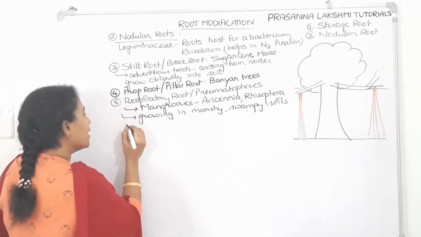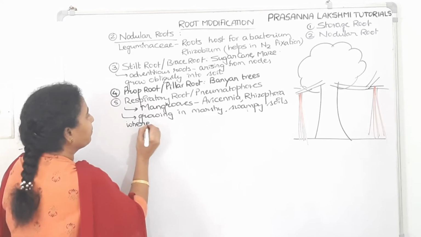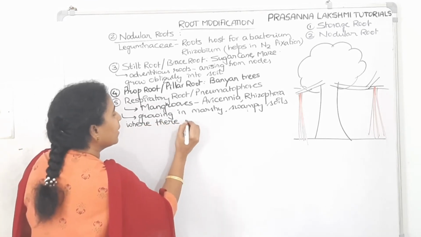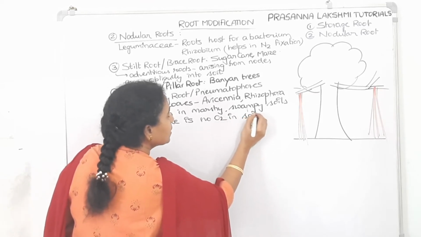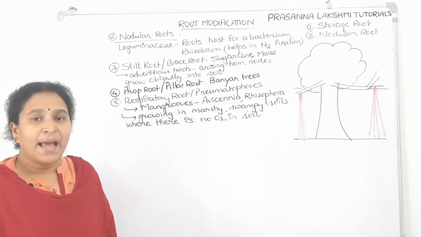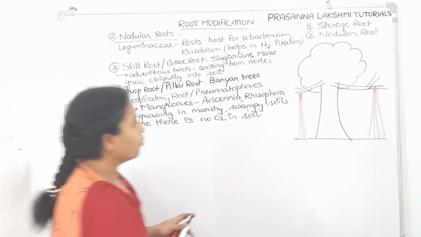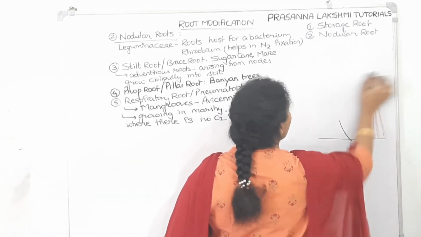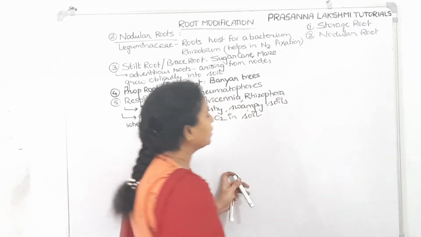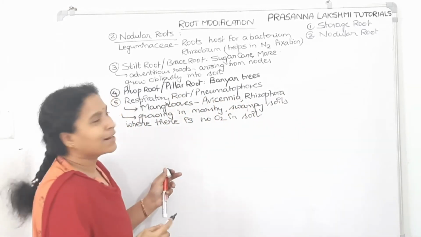So, where there is no oxygen in the soil, since the oxygen is not there in the soil, actually root is negatively phototropic, but the root comes up and it bears holes, nostril-like structures to take the oxygen from the atmosphere. Those roots are called respiratory roots.